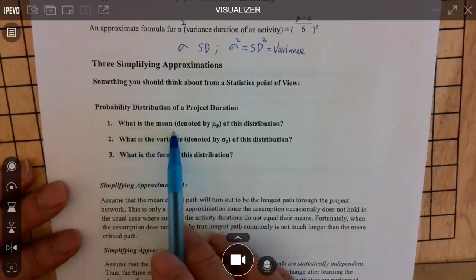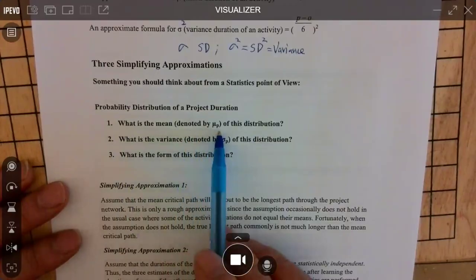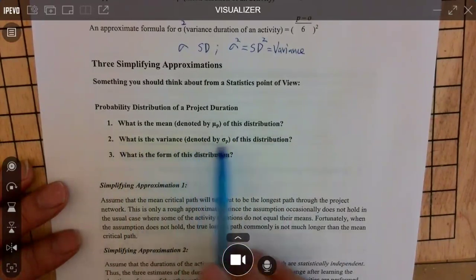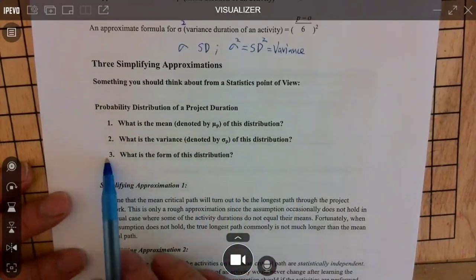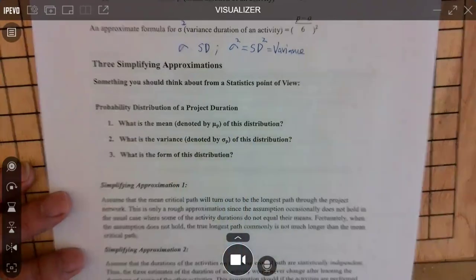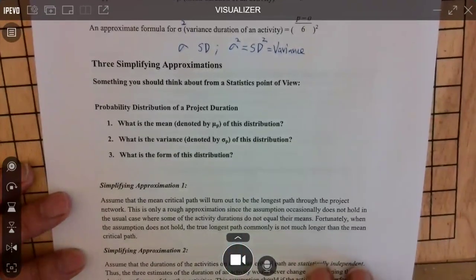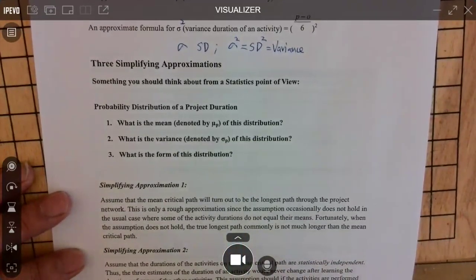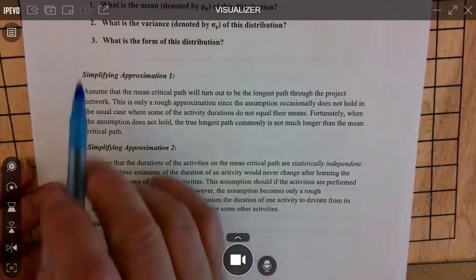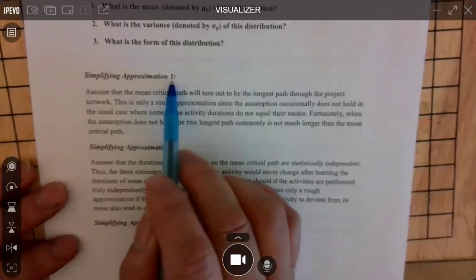What is the mean denoted by mu p of the distribution? 2. What is the variance of the distribution? 3. What is the form of this distribution? Okay, we're going to give you what? Step-by-step explanation.